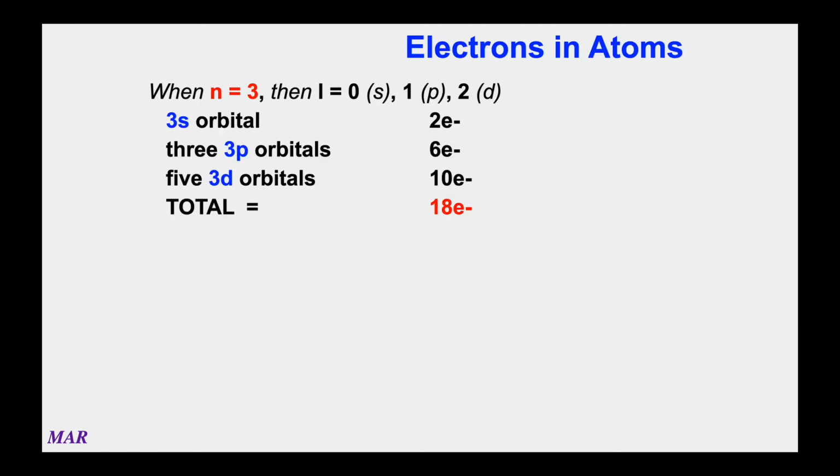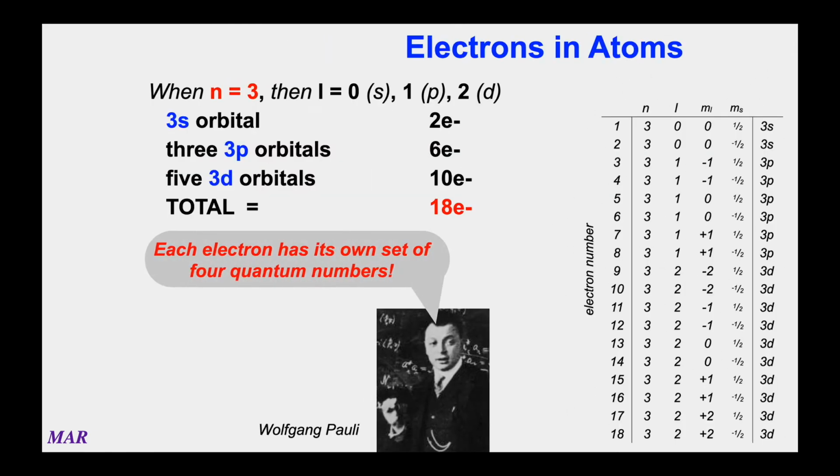Oh, but there's more. When n equals 3, we start getting into the 3d systems. But like before, when n equals 3, L goes from 0 up to n-1, so 0, 1, and 2. And like before, there's a 3s system when L equals 0. There's a 3p system when L equals 1.